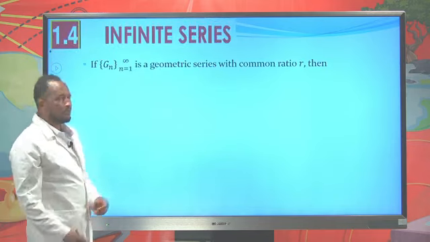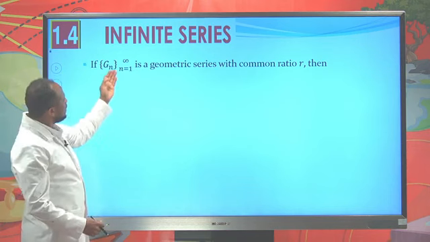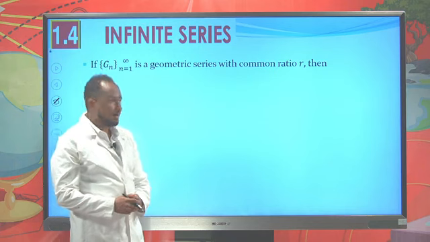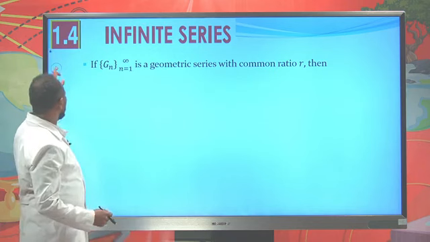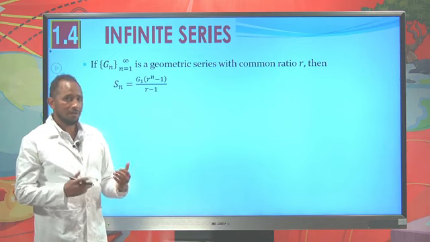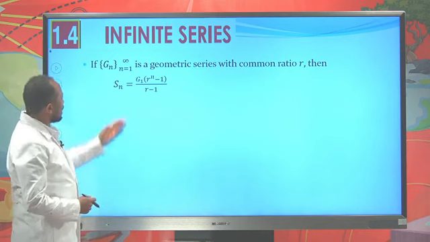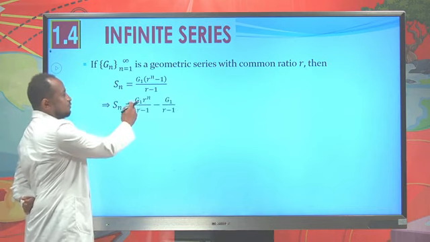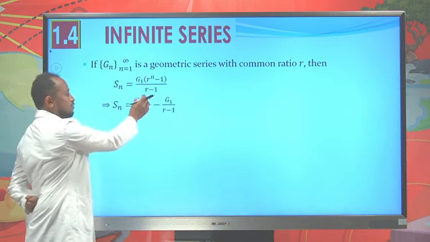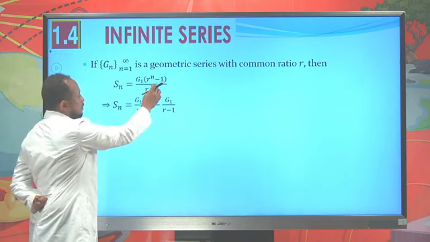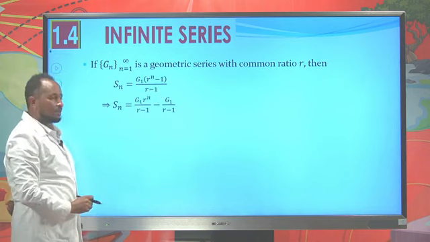Let's see this one. If Gn is a geometric series with common ratio r, then Sn is given by this formula. We said this earlier. Now I can write this in this form: Sn is equal to g1 times r raised to n over r minus 1, minus g1 over r minus 1.